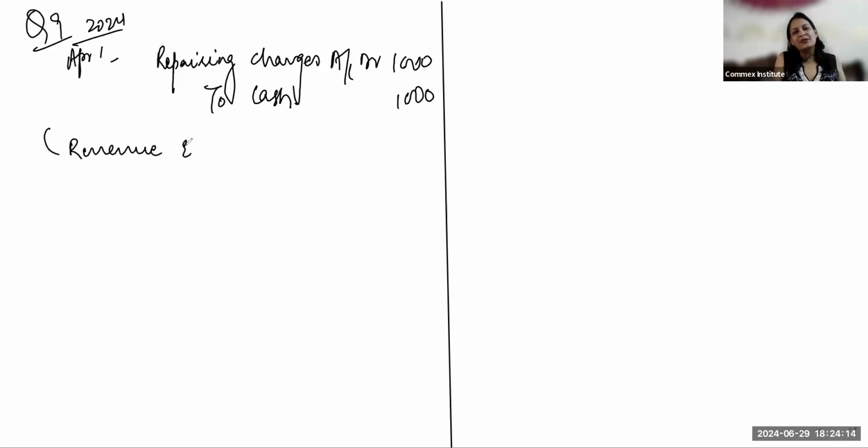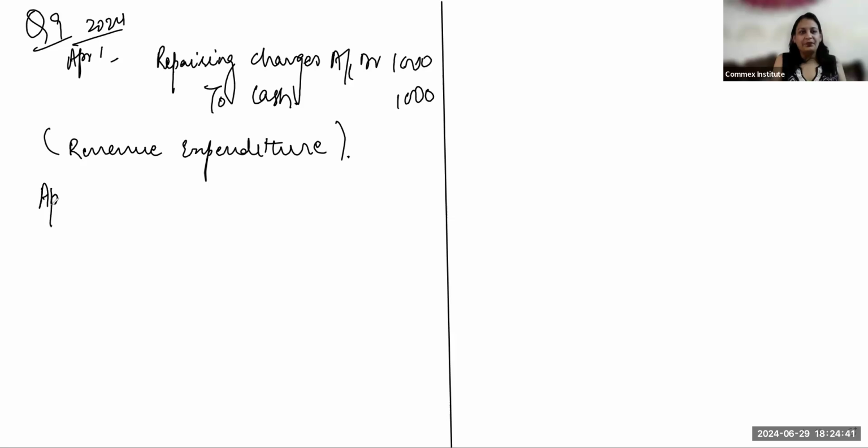I'm writing this revenue expenditure in the narration, which is not required, just because you got confused. Otherwise we'll just say repairing charges paid. Repairing charges paid is a revenue expenditure. We don't add it in the cost of the machine. Had it been repairing before installation, it would be different, but this is existing machinery, existing in our own business.